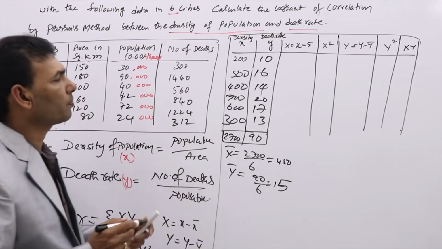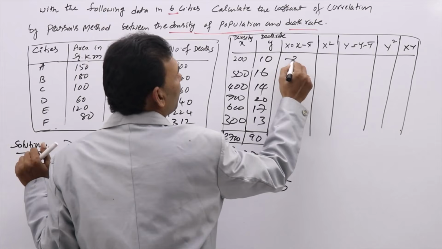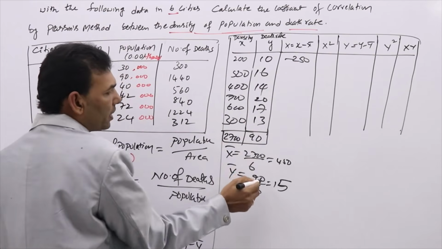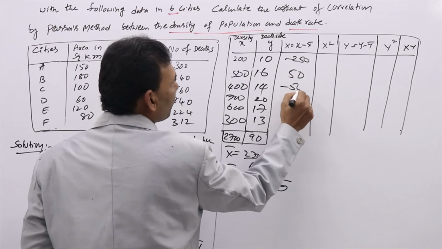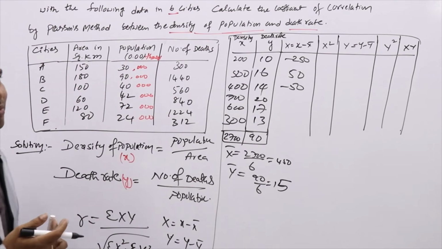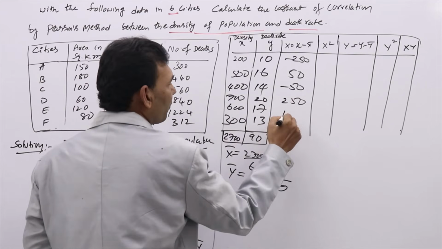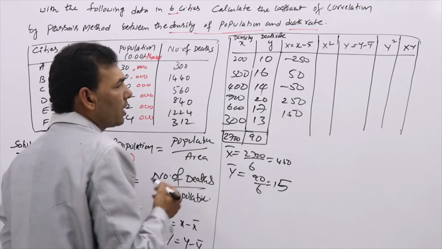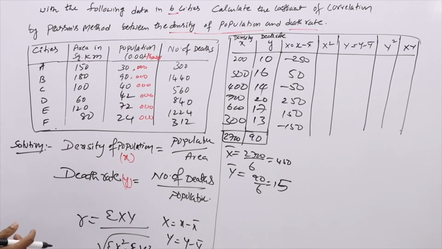Now subtract. 200 minus 450, what you will get? Minus 250. 500 minus 450, 50. 400 minus 450, minus 50. 700 minus 450, 250. 600 minus 450, 150. 300 minus 450, minus 150. Okay, like this you need to calculate.